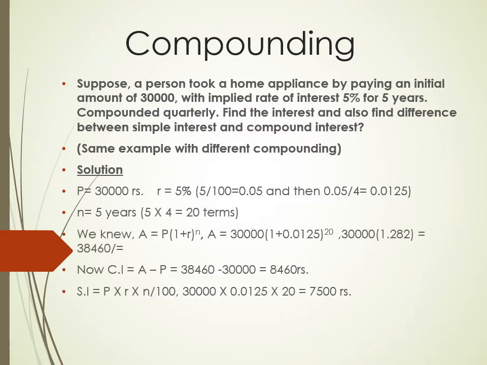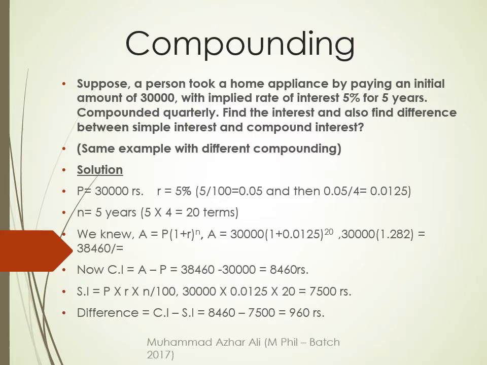Here are all the things that we have done for compounding: our rate of interest will become 0.0125 and then 20 terms. We apply the amount formula, and this formula reveals 38,460 as the amount after 5 years. Now compound interest is A minus P, and we get a compound interest of 8,460 rupees.